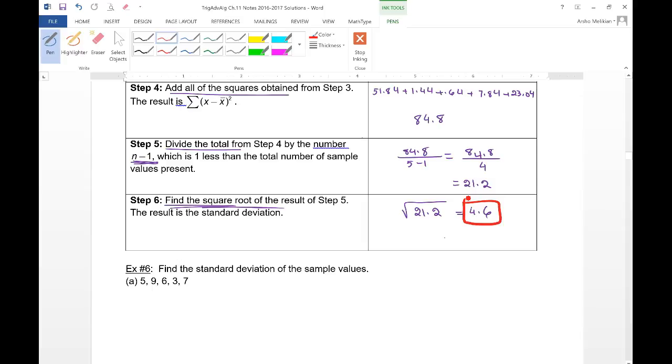On average, if you pick a data value, it will vary from the mean by about 4.6. Okay, it'll be about 4.6 apart from the mean. So that's standard deviation. It takes a while. It's not conceptually difficult. It's just a long process.